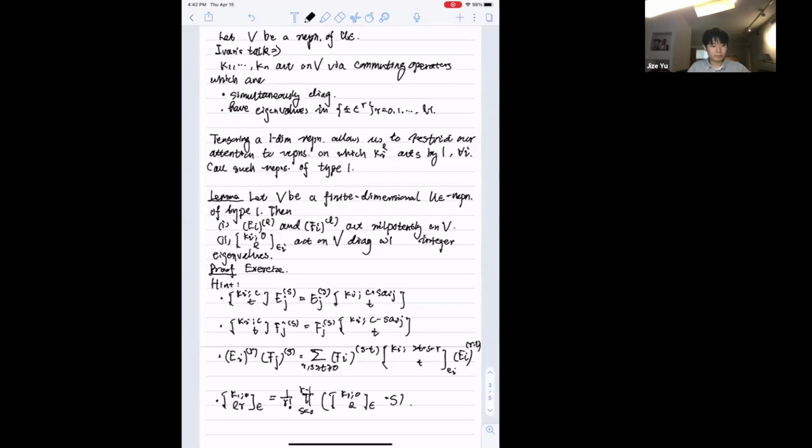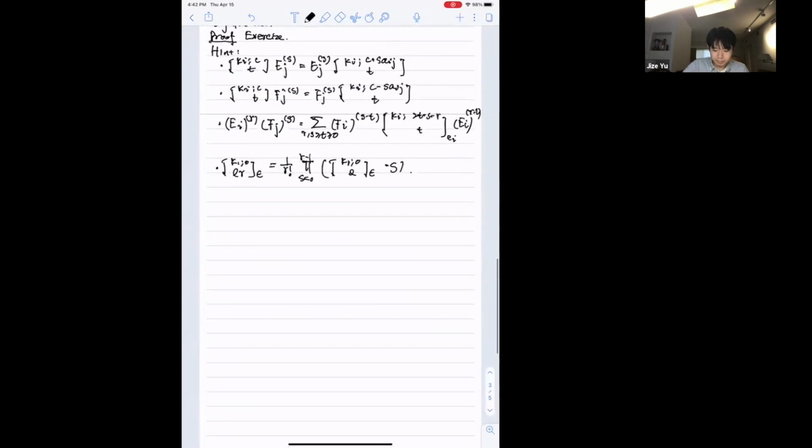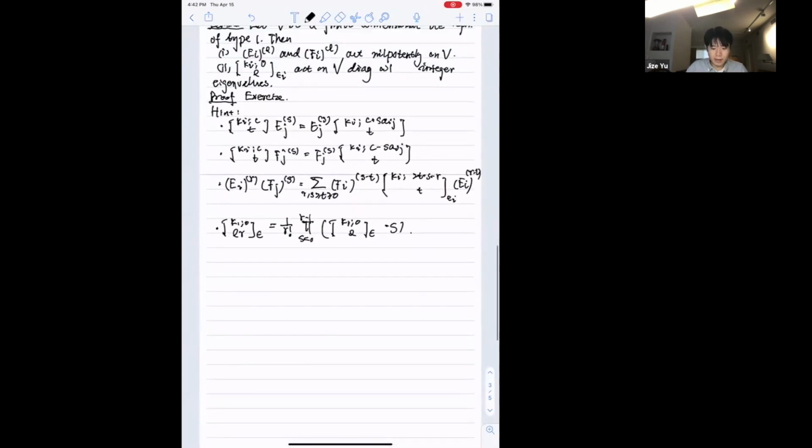Okay. So we have seen how the divided powers of E_i and F_i act on V, as well as how this K_i, 0 choose L acts on V. So this lemma motivates the following definition.